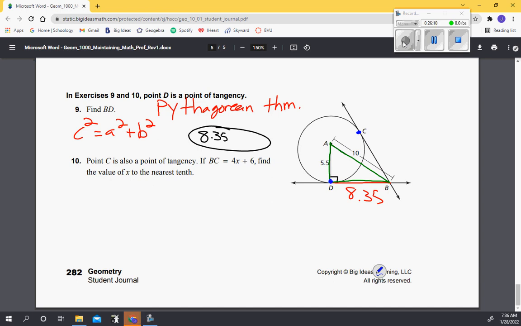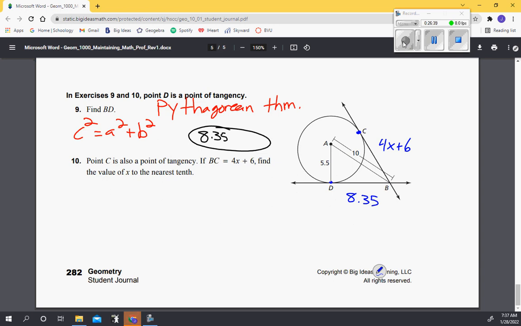If BC is 4x plus 6, just label it. Find the value of x to the nearest tenth. Okay. So, let me get rid of this. I'm going to keep 8.35 here.